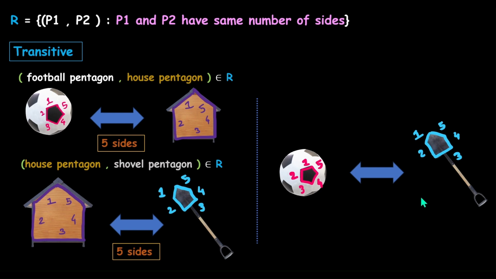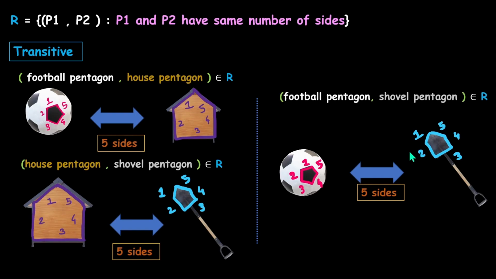This shovel has 5 sides. So it clearly means that both of them are also related to each other. And thus, we can say the football pentagon and the shovel pentagon are also related and they belong to the relation R. And this fact is strictly implied from both these facts that we already knew. So when this happens, this means the relation is also transitive.